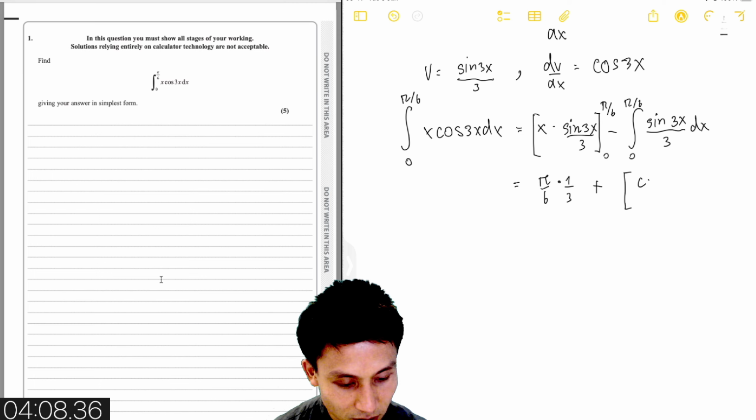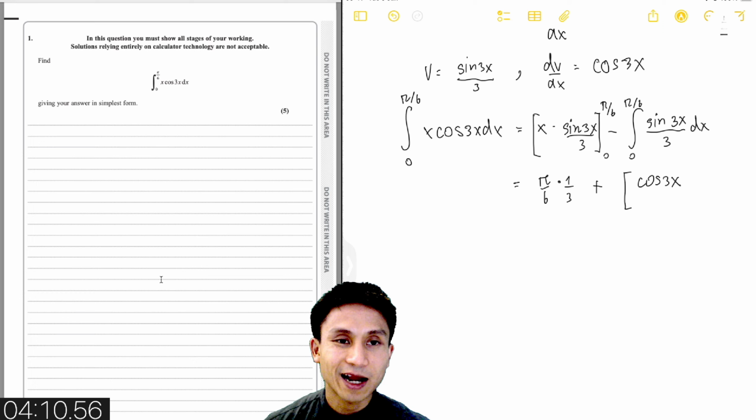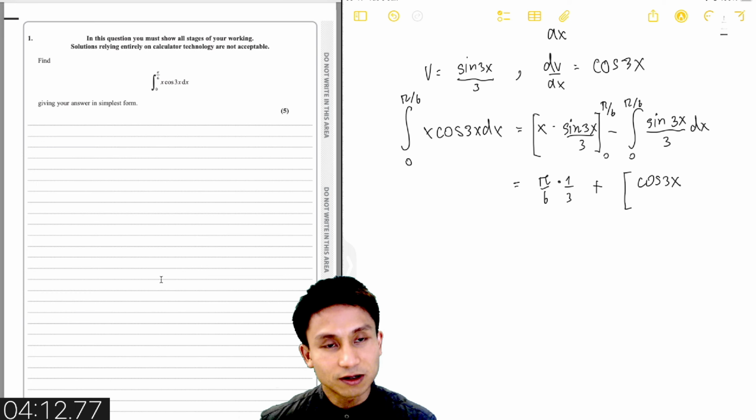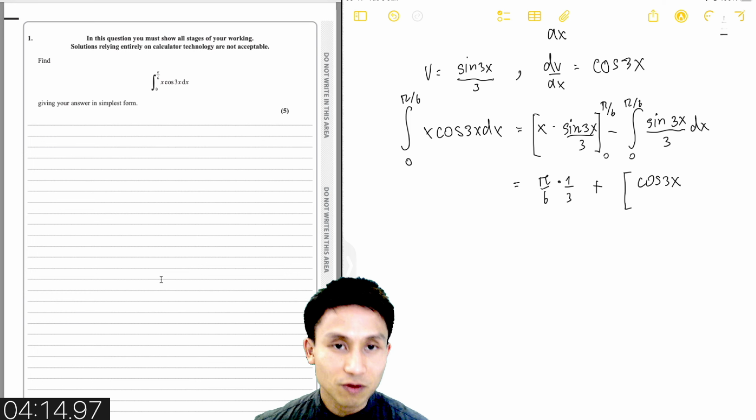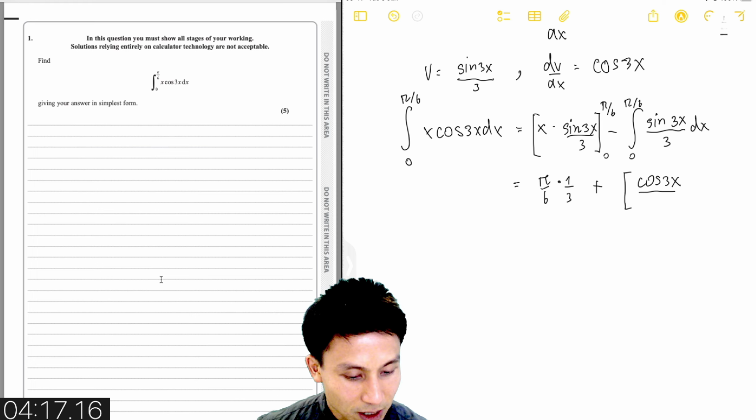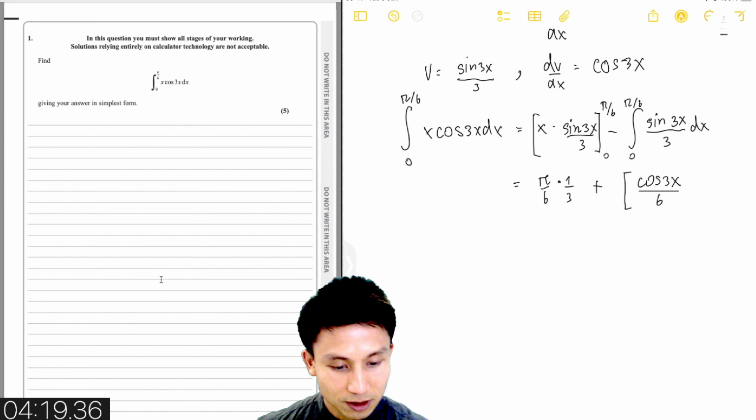So we get a cos 3x, and another reverse chain rule would have to divide the whole thing by 3, and that would make the denominator here become 6. Sorry, 9, because 3 times 3 should be 9.